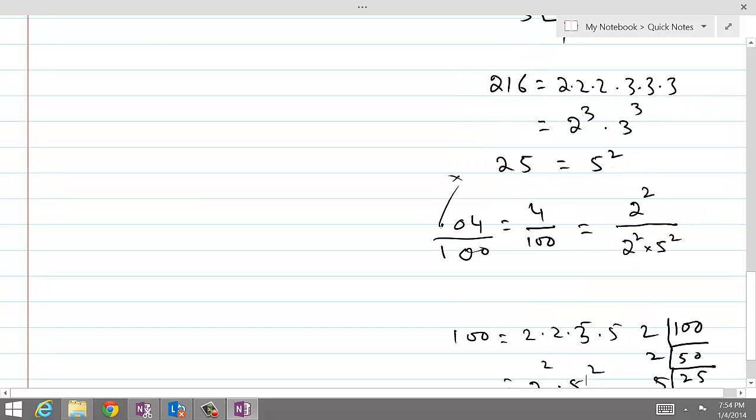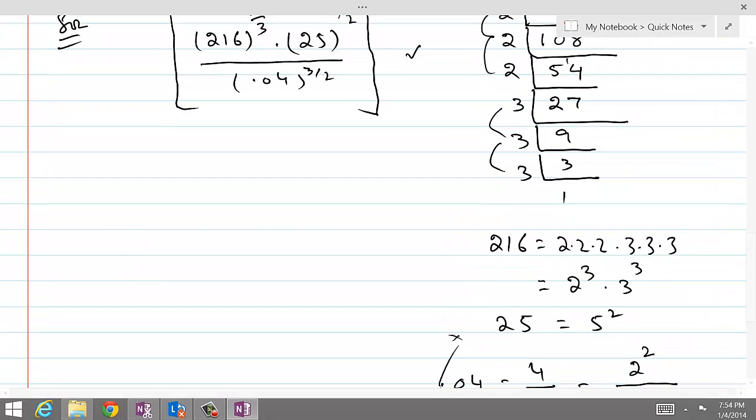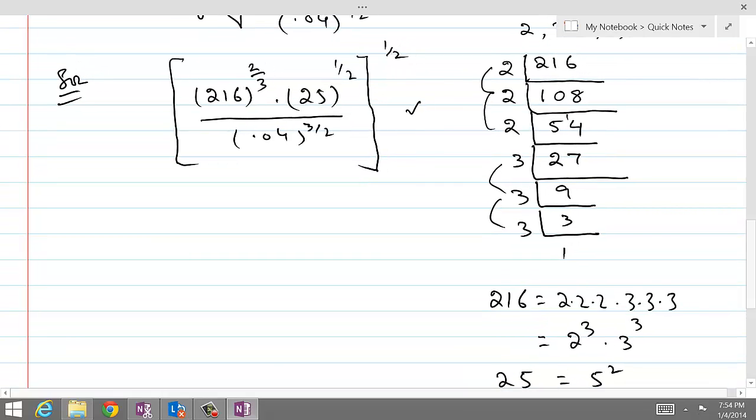So now we have calculated prime factorizations for everything. So we are going to place the values here. For 216 we can place 2 power 3 times 3 power 3 and then write the power 2 over 3.